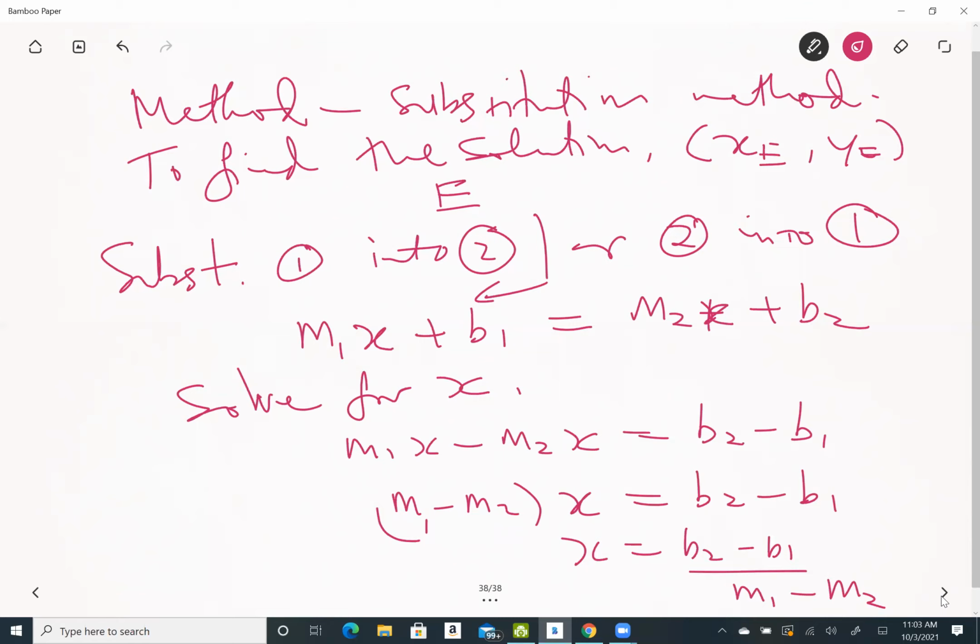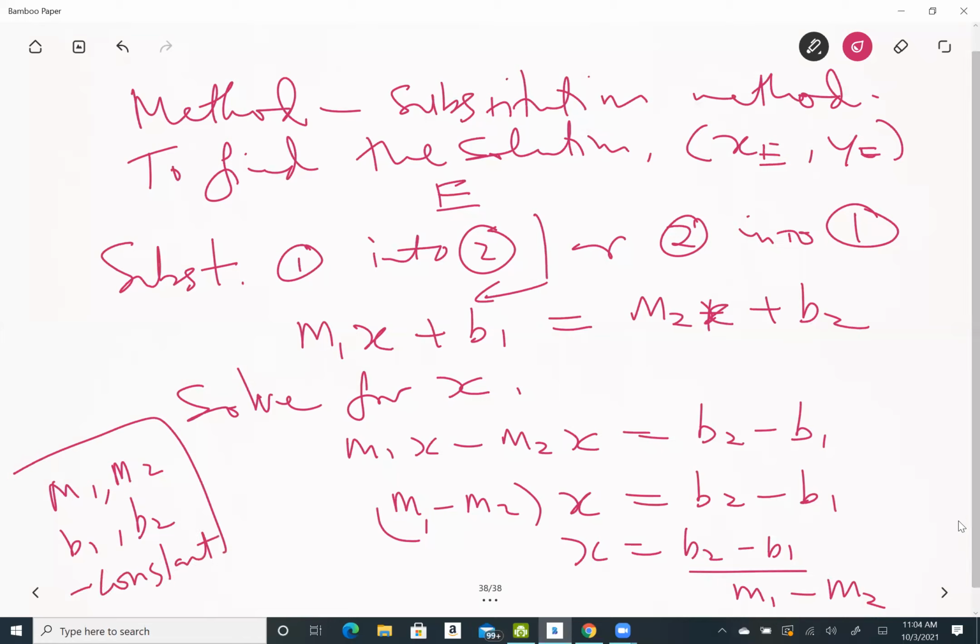I didn't mention to you here: the slopes m1, m2 and the intercepts b1, b2, what is the nature of each of these values? x and y are variables. But b1, b2, m1, m2, what do you call them? They are not variables. They are constants.